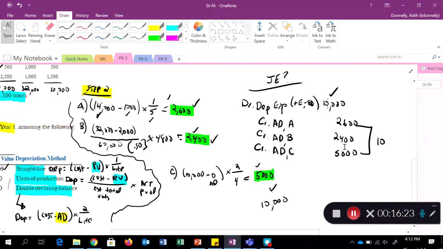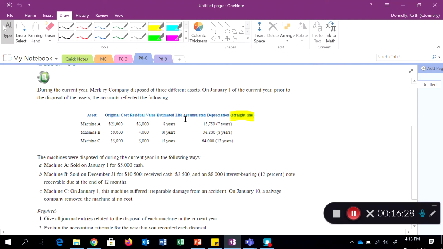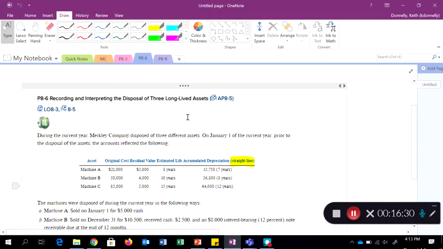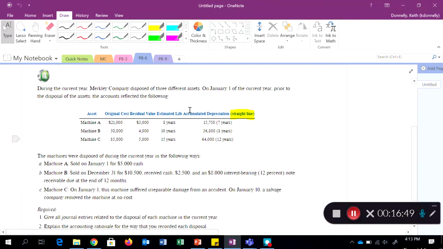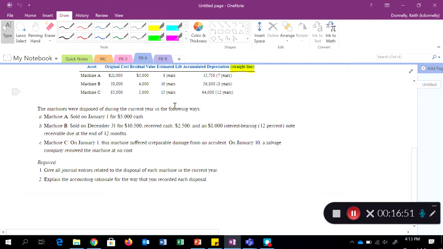So that was 8.3. Let's look here at 8.6. When we're looking at this one, let's go to the question first and see what's going on.